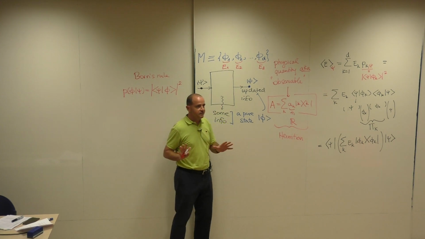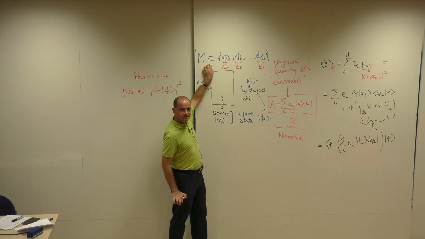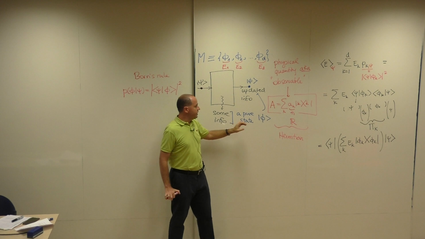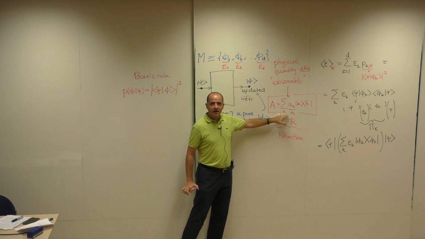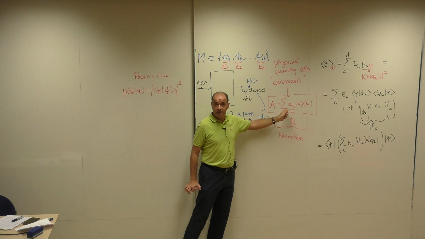A measurement is defined by a basis. If it's a measurement of a physical quantity, you can just as well represent it by the Hermitian operator that represents that physical quantity, that is diagonal in the same basis and has the values of the observable as eigenvalues.